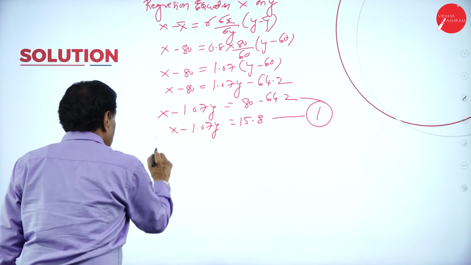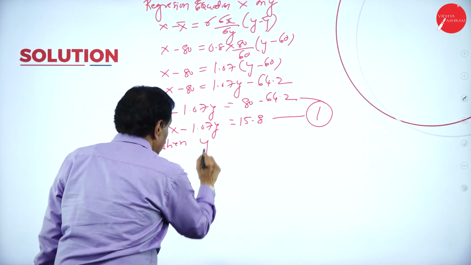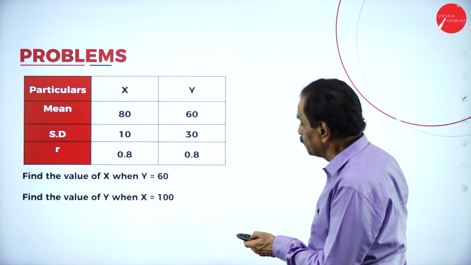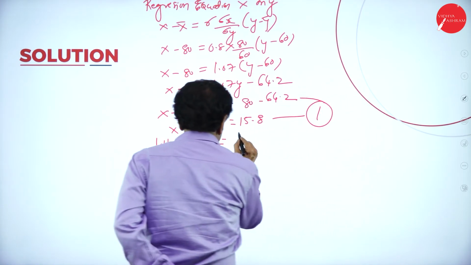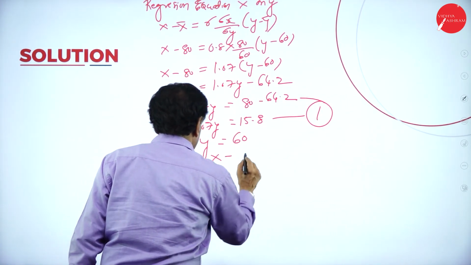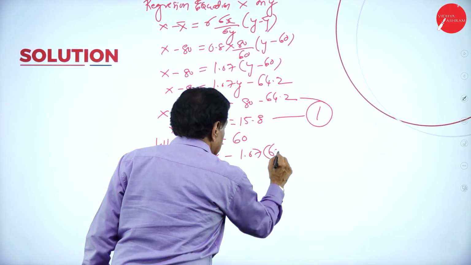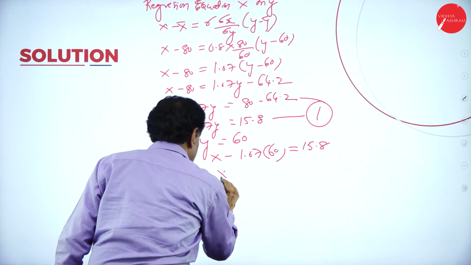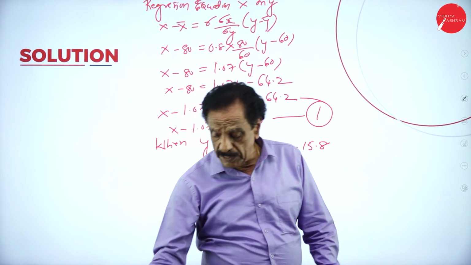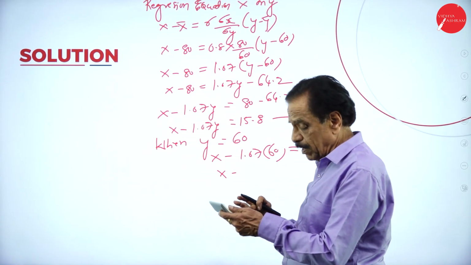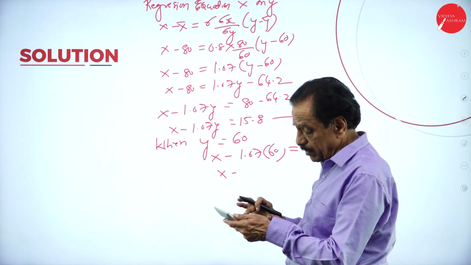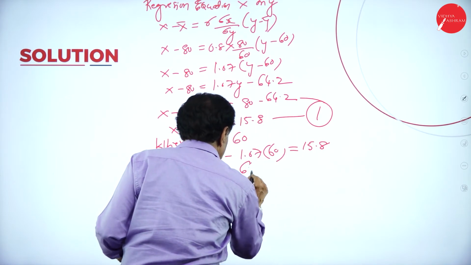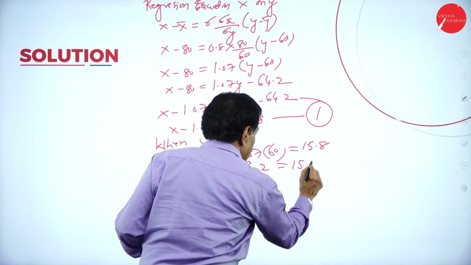So, apply: find out the value of x when y is equal to 60. X minus 1.07 into 60 is equal to 15.8. 1.07 into 60 is 64.2, so x minus 64.2 is equal to 15.8.